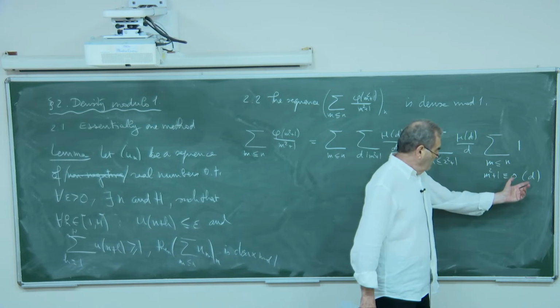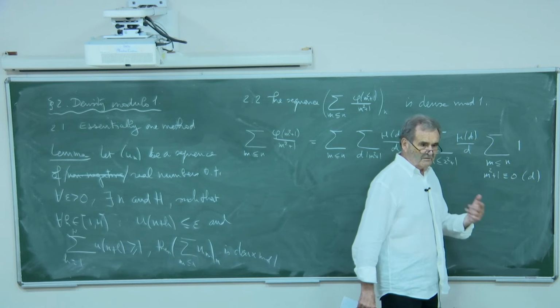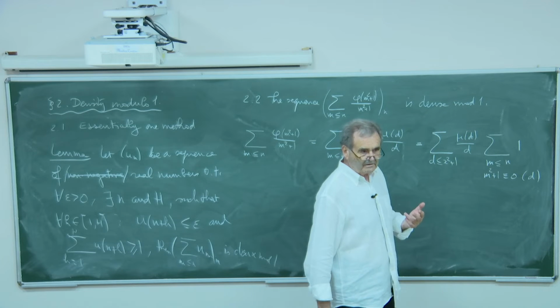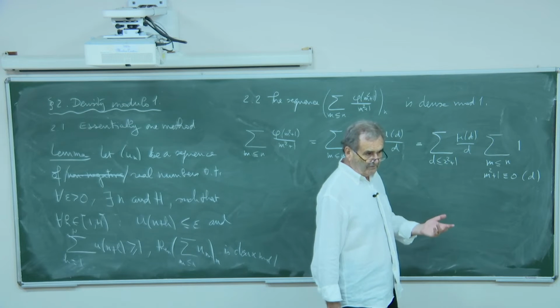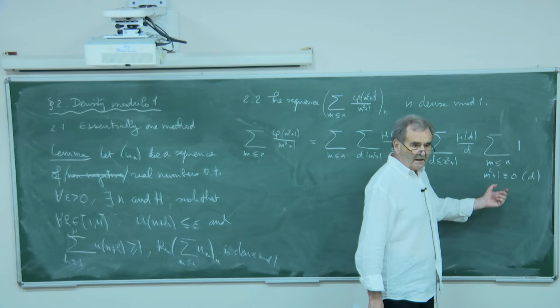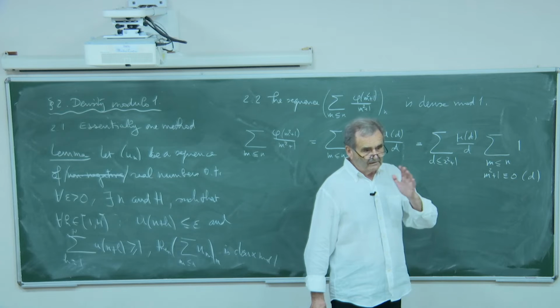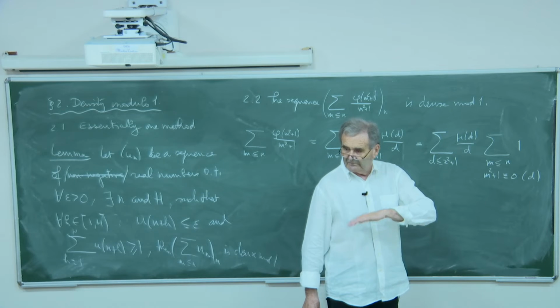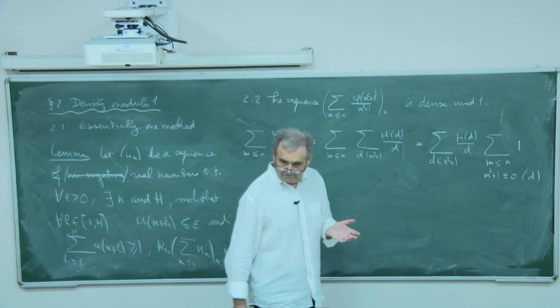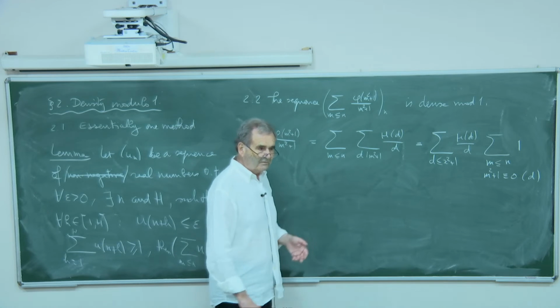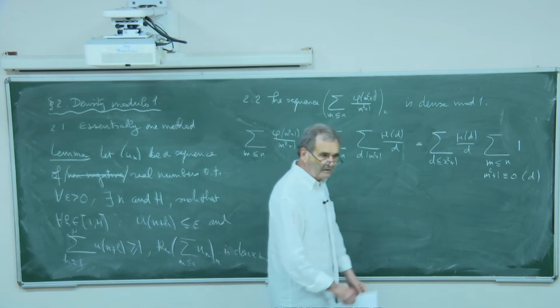Since it is a second degree equation, you have at most two solutions. Of course, if p is equal to 2, you have exactly 1. And otherwise, you have 2 or 0, according as p is congruent to 1 mod 4 or congruent to 3 mod 4. Okay, this is already due to Fermat, essentially.